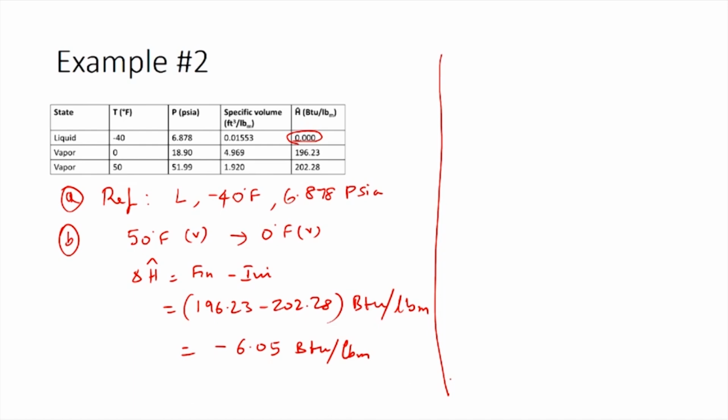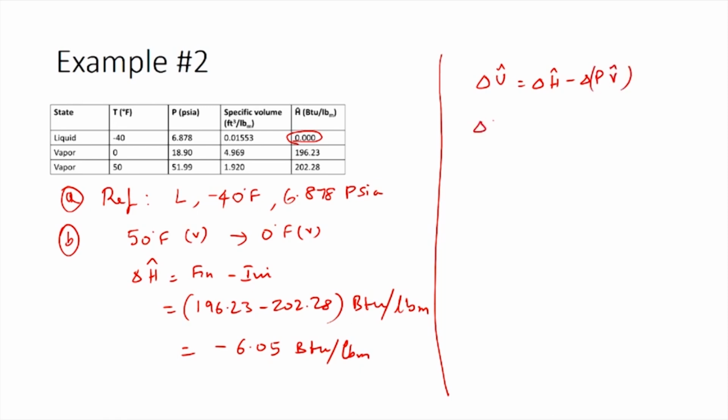So, this value is not directly available from the table. However, we can calculate specific internal energy as delta U cap equal to delta H cap minus delta of PV cap.